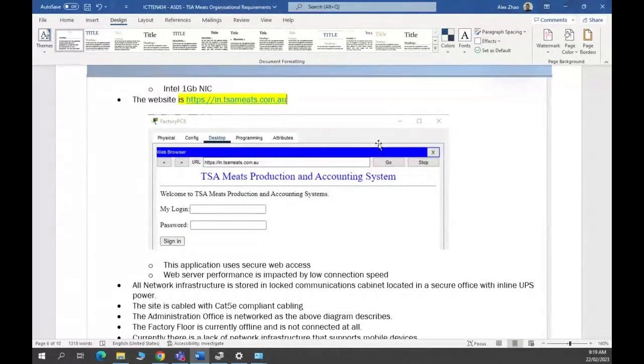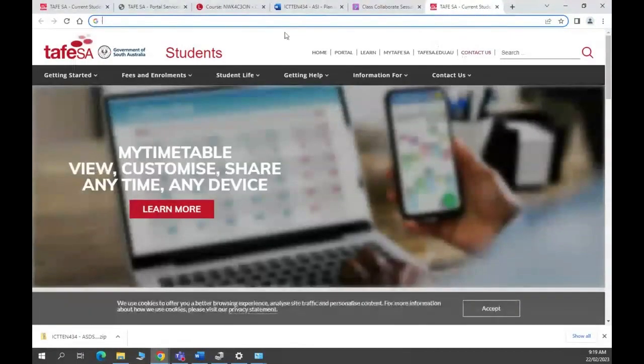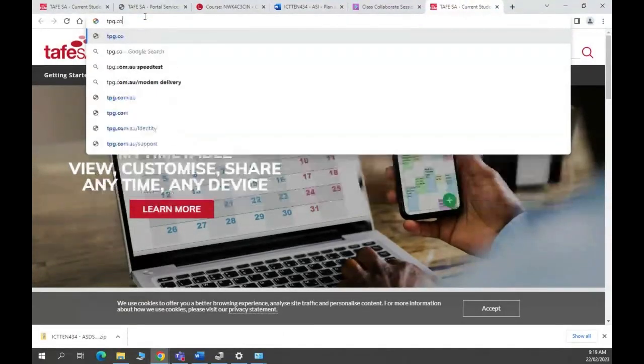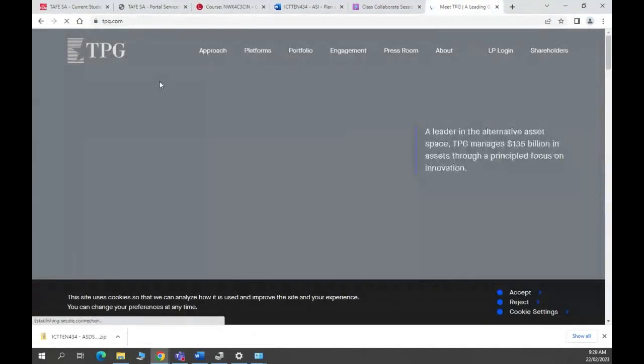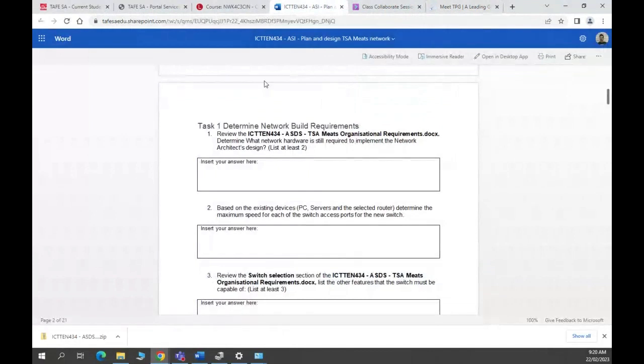Any examples of anything like that but different? If I go and open up... oh no, that's secure as well. Okay, let's get back to here.